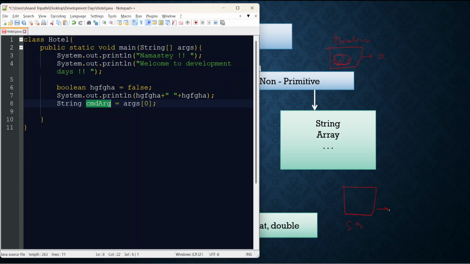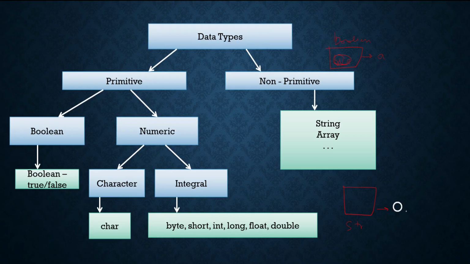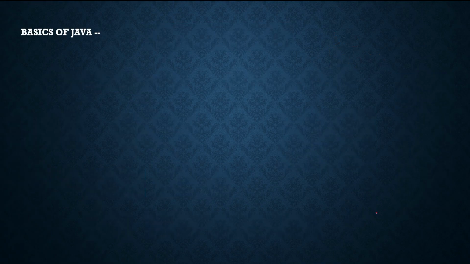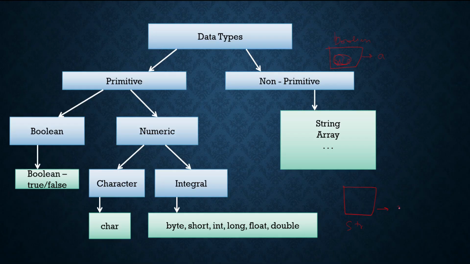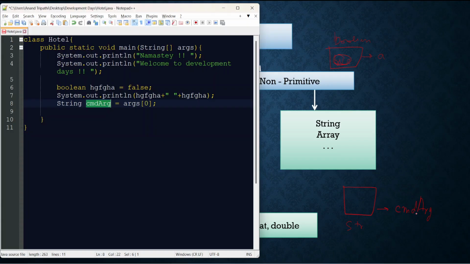You can see it is CMD ARG. I have given this name, and whatever value is in this particular ARGS will now be stored over here. This I will show you.